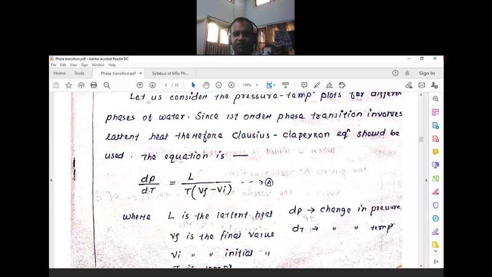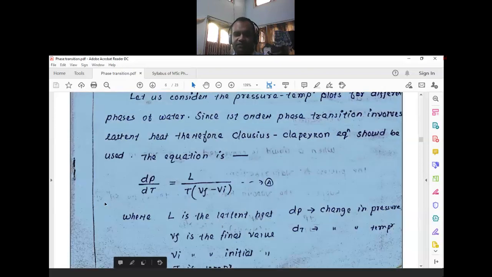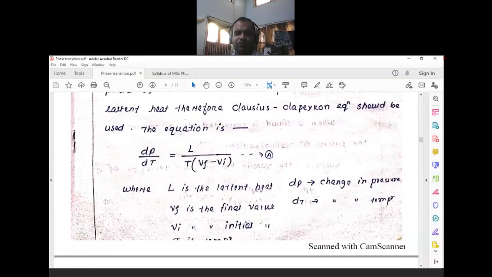the change of pressure with respect to the change of temperature is equal to latent heat L divided by T, the temperature, multiplied by the change in volume. The change in volume is Vf minus Vi.